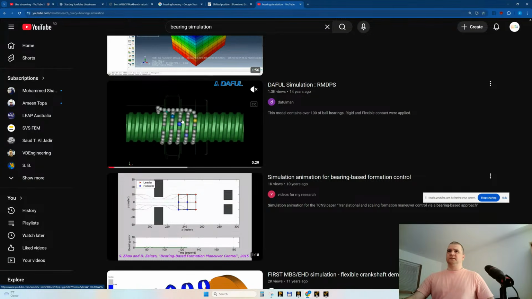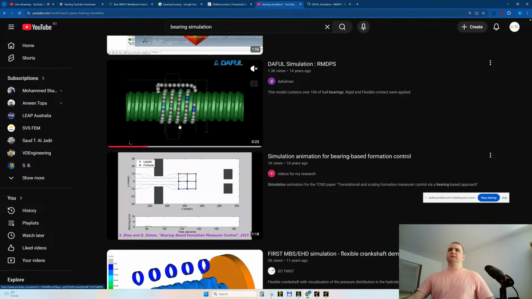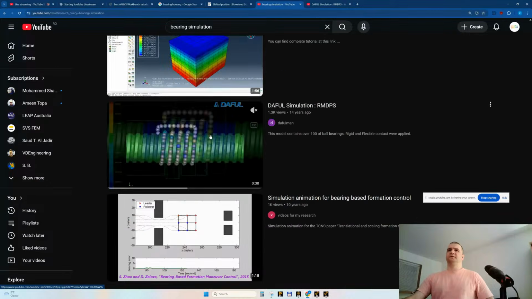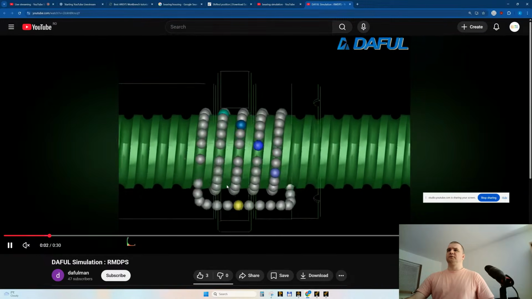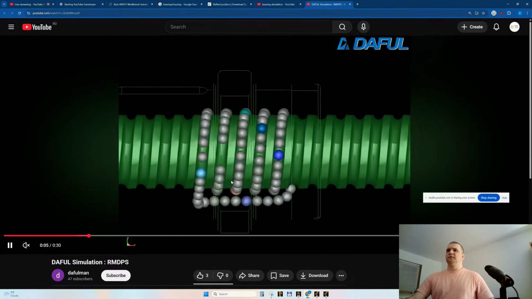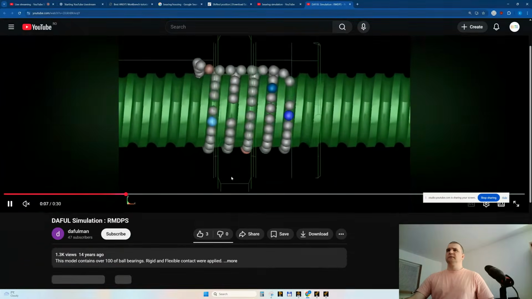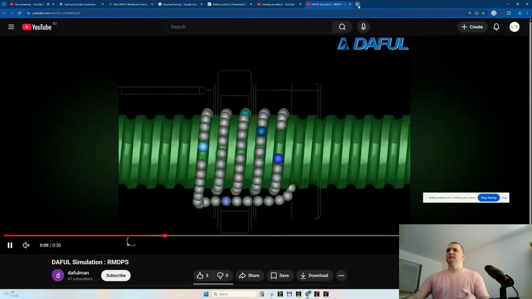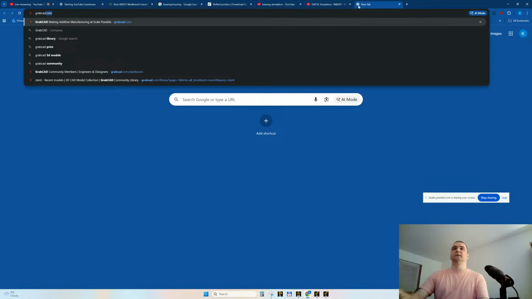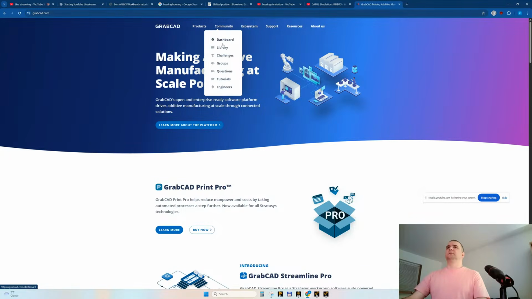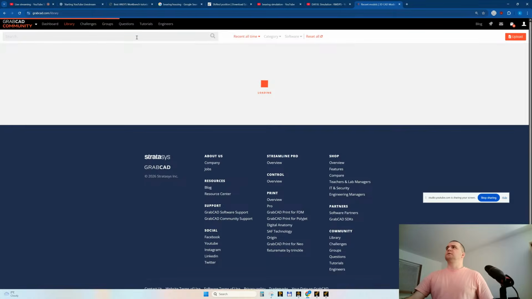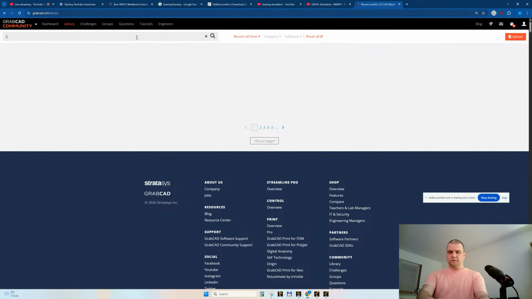This is something complex. Oh my god. This is a dream of mine to simulate in the future. It's very complex. A screw bearing. Oh my god, so complex. Let's go on GrabCAD and look for a screw bearing.